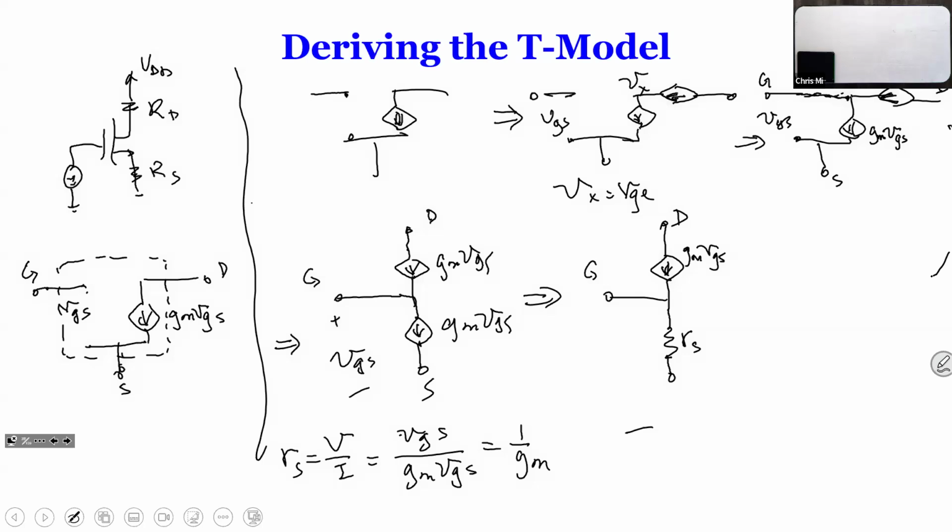We call this a T model. If you look at it, it's like a slanted T. It's not this T, but if you rotate it by 90 degrees, it looks like a T, so they call this a T model. In the T model, the key point is that you still have to calculate gm, but then RS is 1 over gm. So that really simplifies. Yes, go ahead.